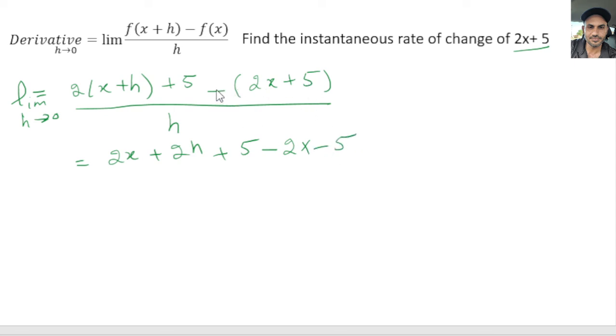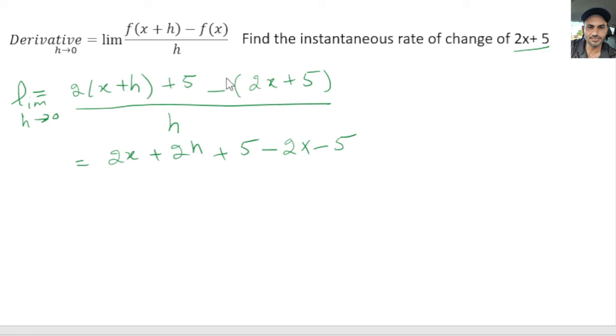When there is a negative outside, the signs inside change: 2 was positive, but when we distribute the negative it becomes negative, and 5 was positive but became negative.